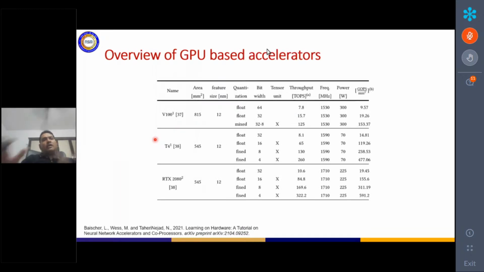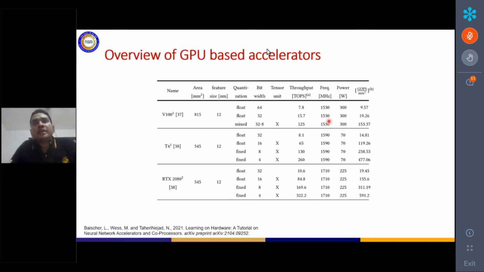So in overall idea, like the Volta series, the T4 series, the RTX series, you can see in this table what kind of performance or density they are getting with a particular power envelope. Again, this table is taken from this reference, and of course I will give the link of this reference that you can go through after this class.